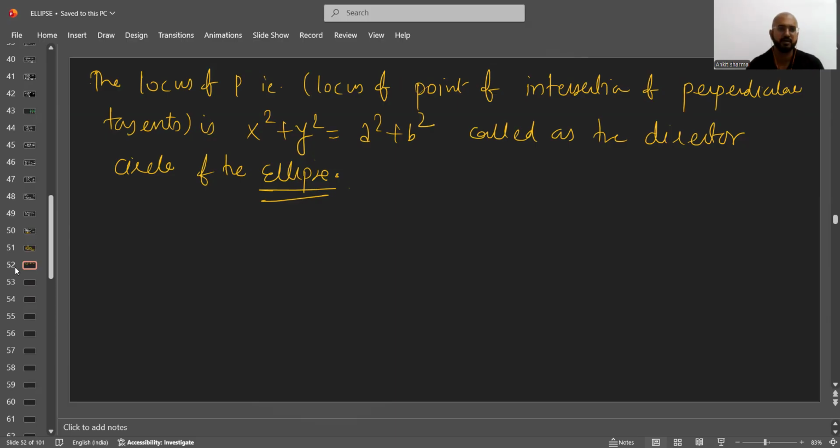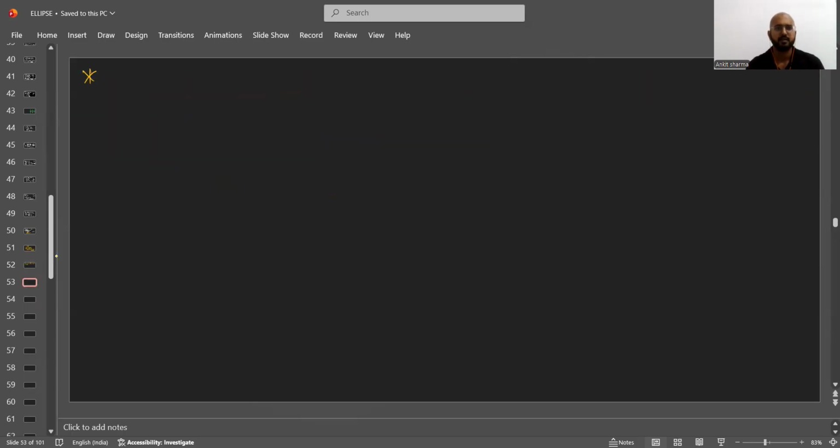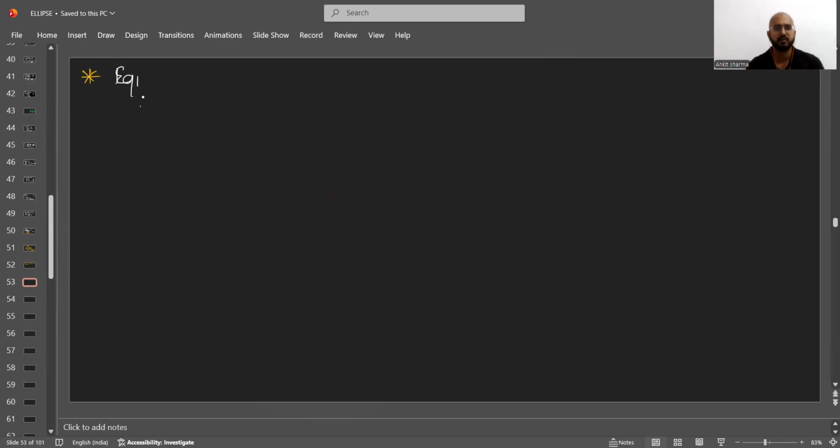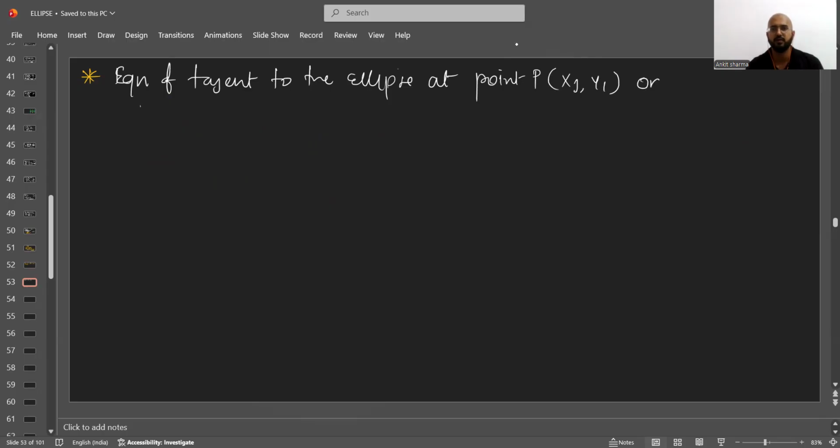Now we are more interested in getting the equation for the tangent at a point on the ellipse. So let's go ahead. Equation of tangent to the ellipse at point P, x1, y1 on it.